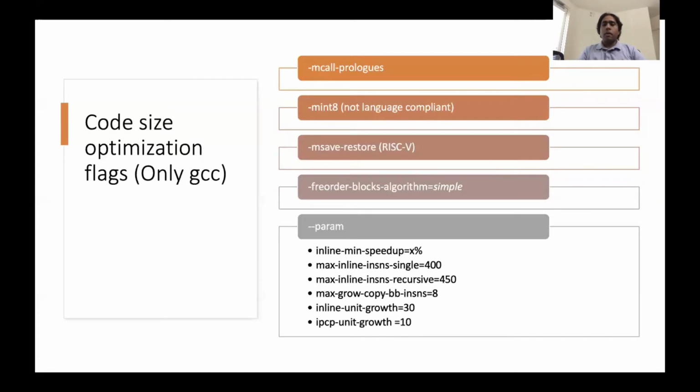So in a compiler, whenever we write an optimization as a compiler optimization writer, we have to choose a set of heuristics, like what is the threshold of inlining, how much loop we want to unroll, etc. Now, we don't hard code those in the optimization, but we keep a flag that can be tuned by an external user.